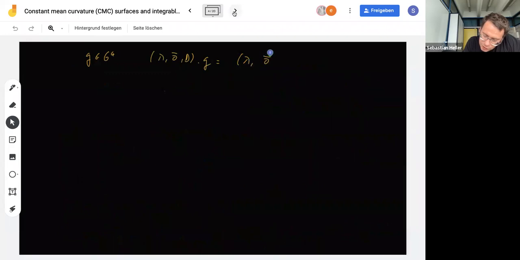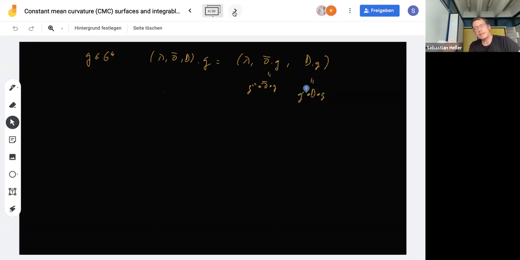So we gauge the holomorphic structure, and we just gauge the operator D. So this just means that we apply G inverse, and the same for D. So if, for example, lambda would be 0, D is just a tensor field or a Higgs field, and then the gauge action is of course just conjugation.